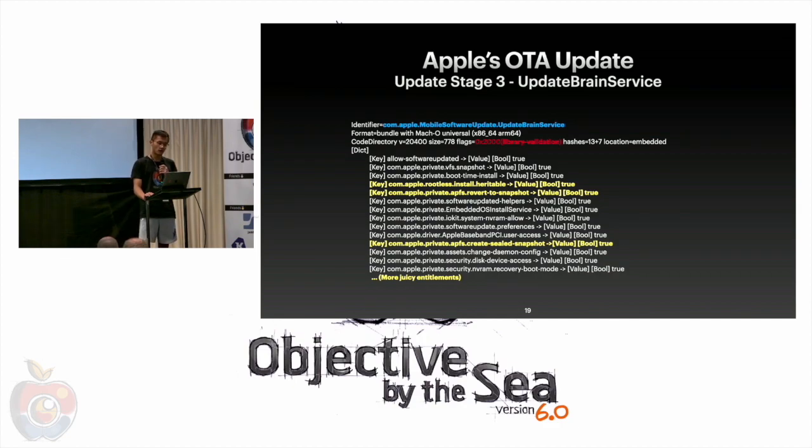Moreover, the entitlements com.apple.apfs.revert-to-snapshot and create-sealed-snapshot would allow the service to update the SSV protected contents after a reboot. One more thing we should note is that it is signed with the flag library validation.